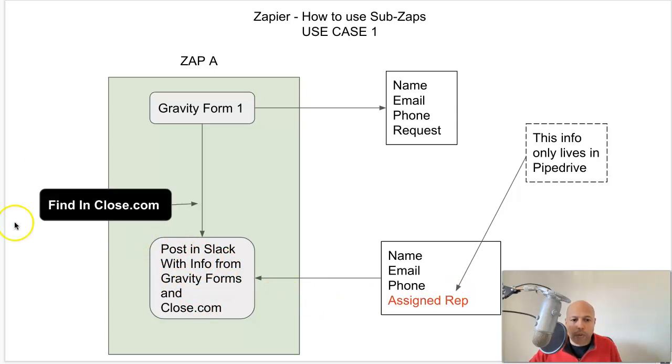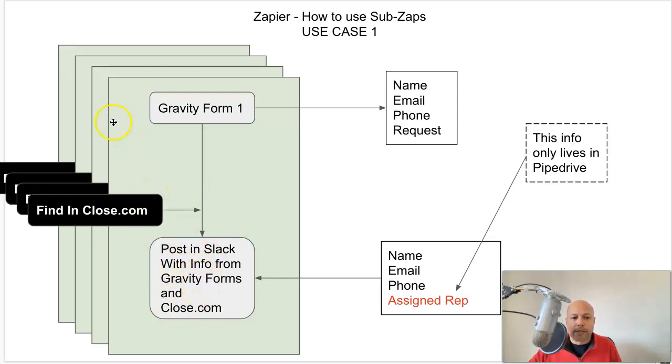So the normal way to do this is you would just go ahead and put another step in your Zap that would go and look for that contact in close, right? So it'd say find contact in close, and you would use the email address to find that contact or the opportunity, find out who it's assigned to, and then you could push that information down into Slack.